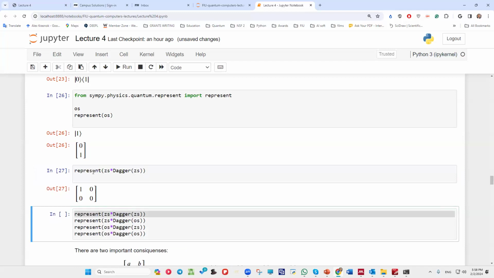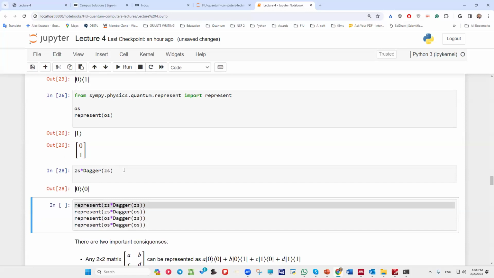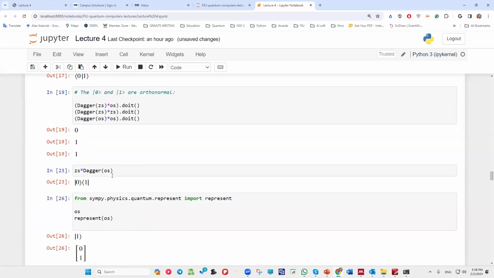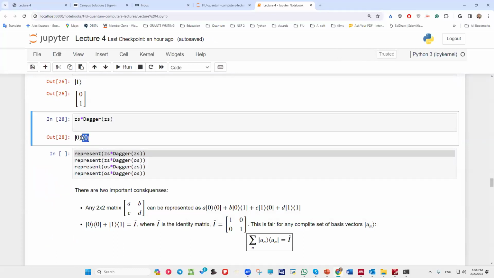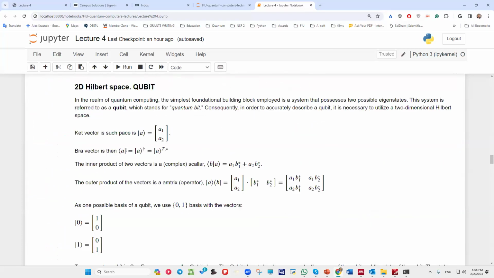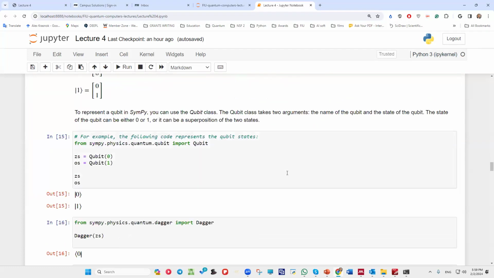Let us look at this outer product again. Okay, so this is the outer product that I wanted to compute here. The result of the outer product is the operator, a 2 by 2 matrix.